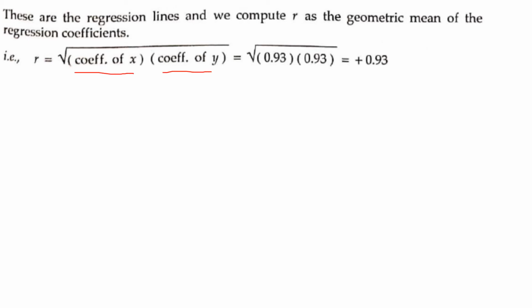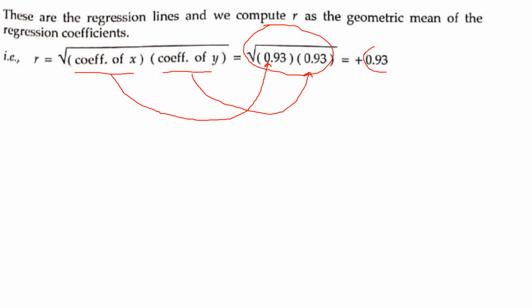As we have already seen, the coefficient of x from the first equation is 0.93 and the coefficient of y from the second equation is 0.93 as well. So if we simplify this using the calculator, we get 0.93 as the answer.